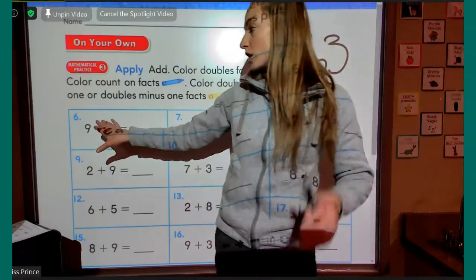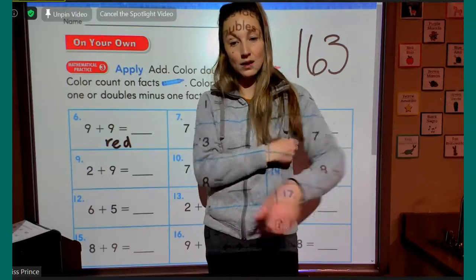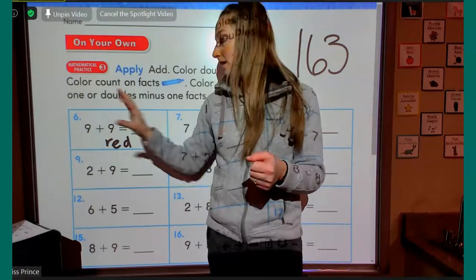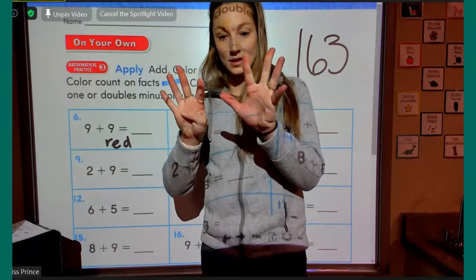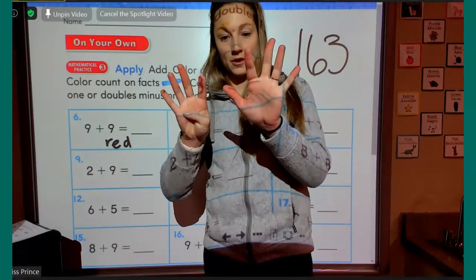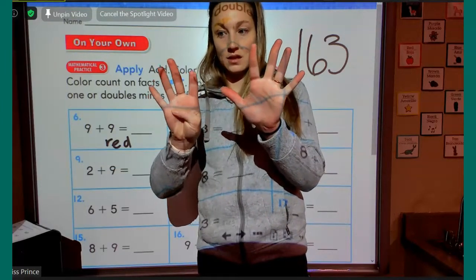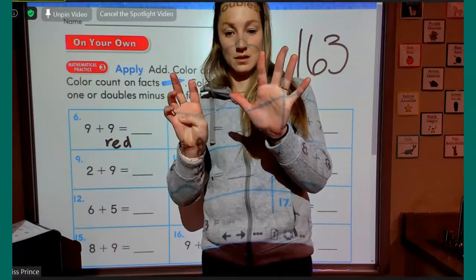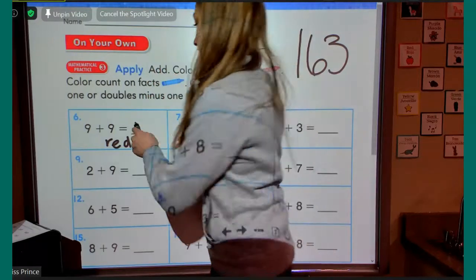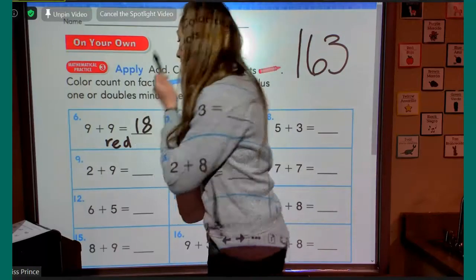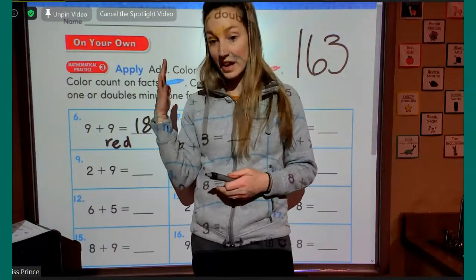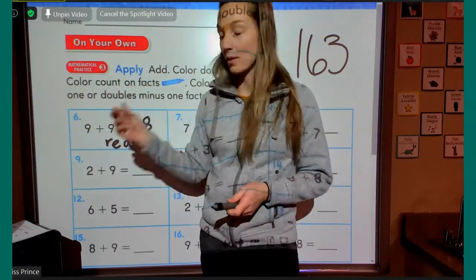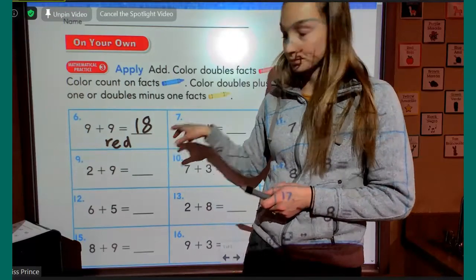So if you're not sure, scoop up the 9 and add 9 more, okay? 9, 10, 11, 12, 13, 14, 15, 16, 17, 18. Nice job. Pretty soon, Keela, this will just be stuck in your head, and you're going to know that one in a snap. 9 plus 9, 18.